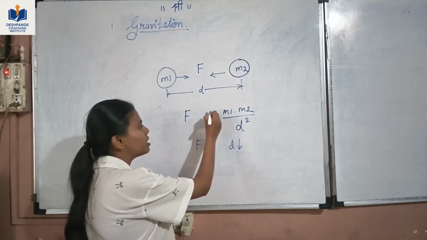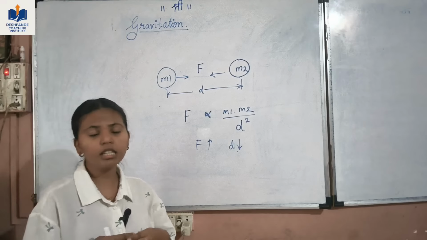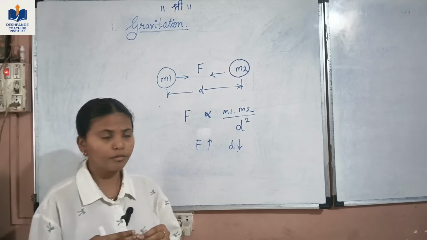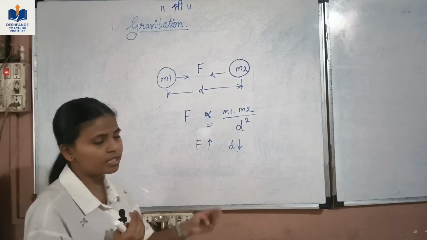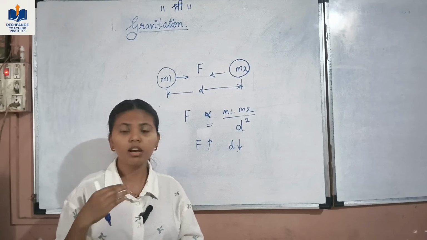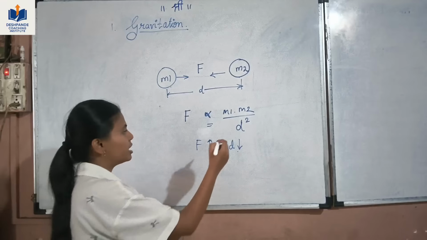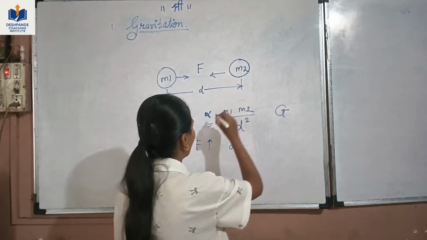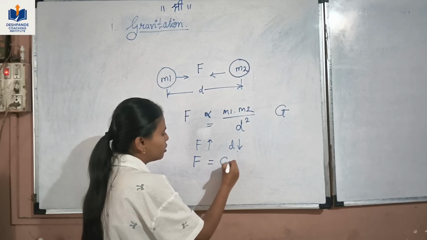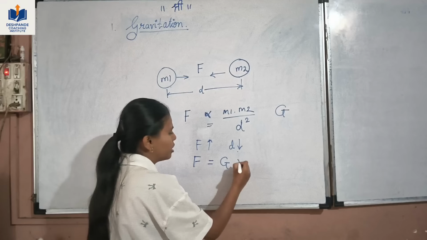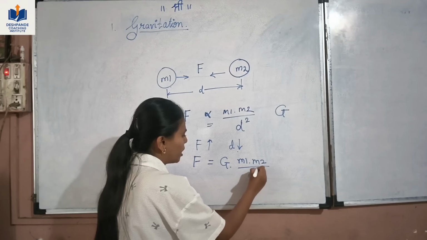To remove this proportionality sign, we generally introduce a constant which will replace this sign with an equal to sign. In our case, that constant is the gravitational constant, which is also called the universal gravitational constant, which is G. So we introduce here G. The formula becomes force is equal to the universal constant of gravitation G into m1 into m2 upon d square.